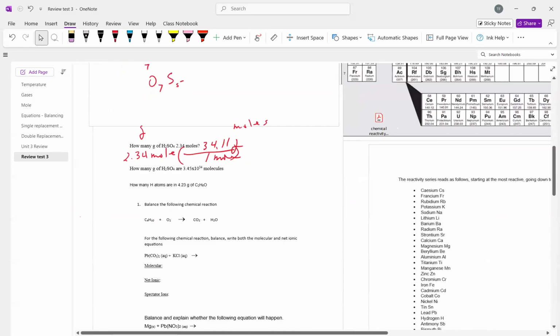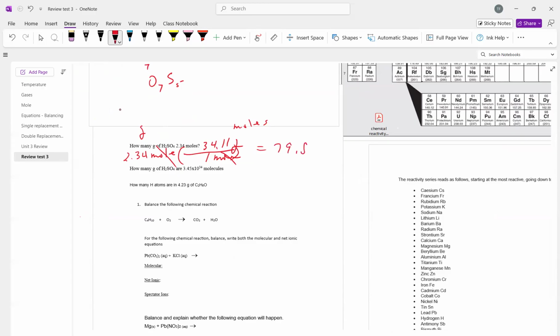Moles cancel gives us grams. Okay. Sig figs, is that correct?